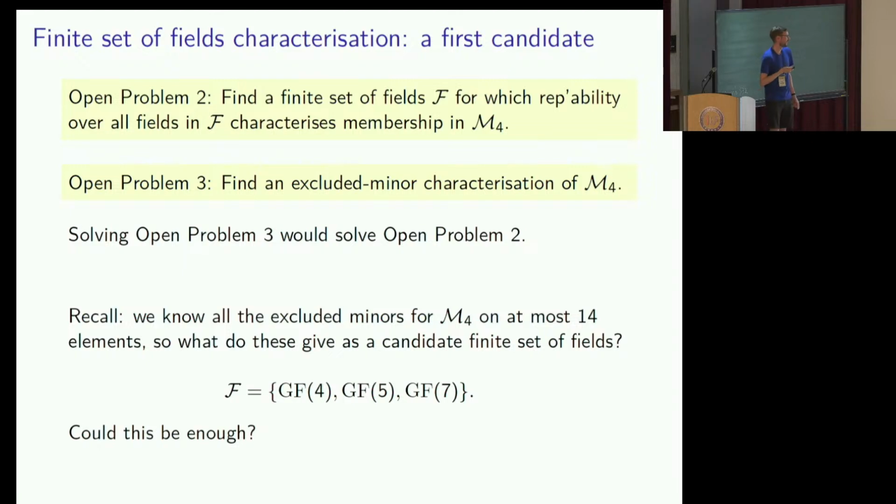So for these excluded minors that we know, up to size 14, all of the GF4 representable ones are either not GF5 representable or not GF7 representable. So optimistically, you could ask, is it enough to say if you're GF4, GF5, GF7 representable, then you're also in this class M4?